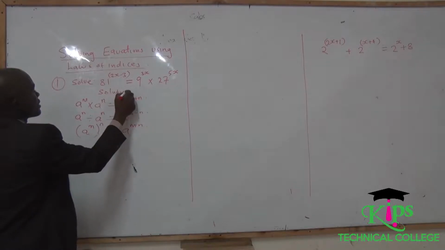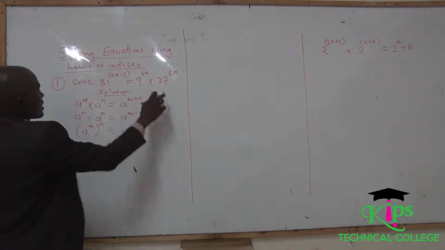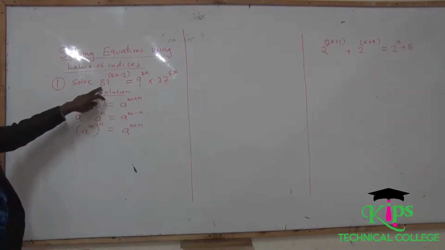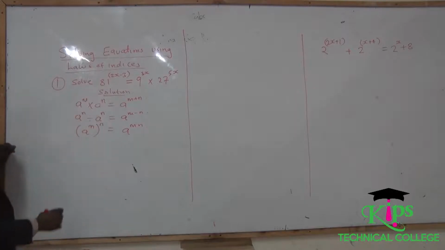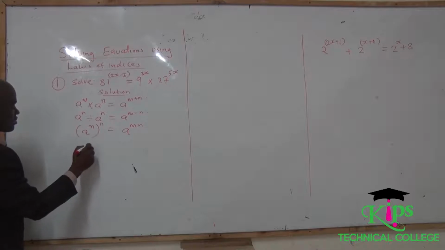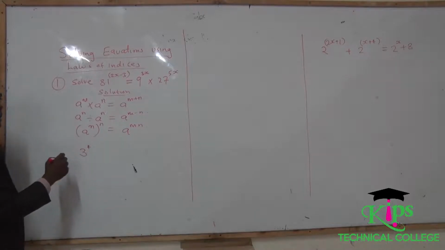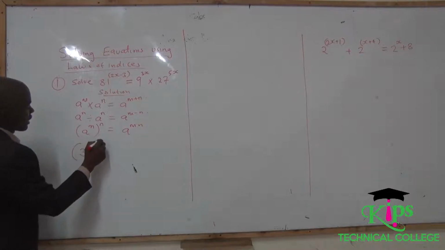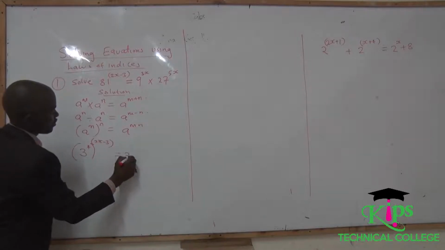So the first thing is you need to simplify these numbers and write them to the lowest base. I will start by writing 81 to base 3. If you write 81 to base 3, you will get 3 raised to 4 because 9 times 9 is 81. Then raised to 2x minus 3 is equal to 3 squared.